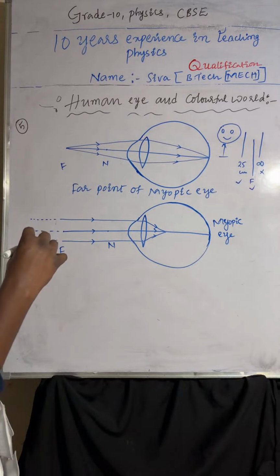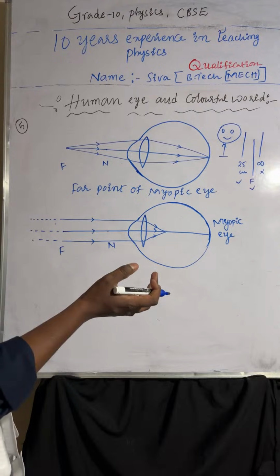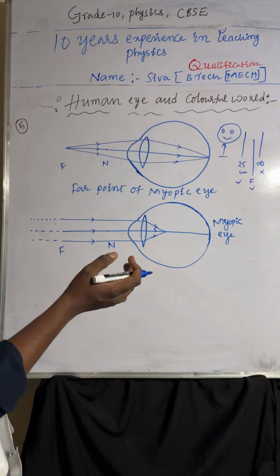Coming to the next one, correction of myopia. How to correct this defect?